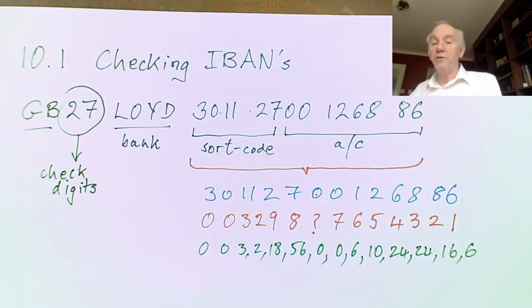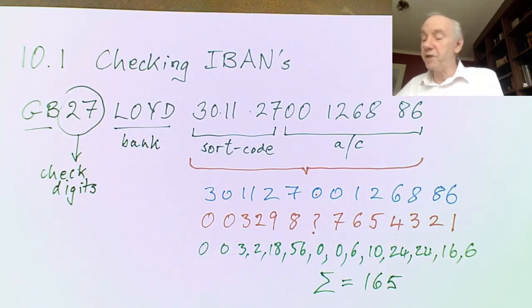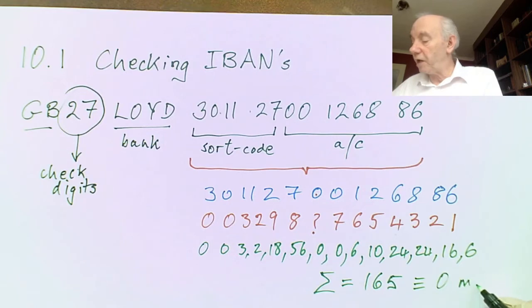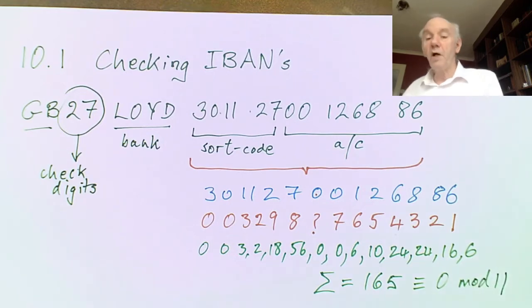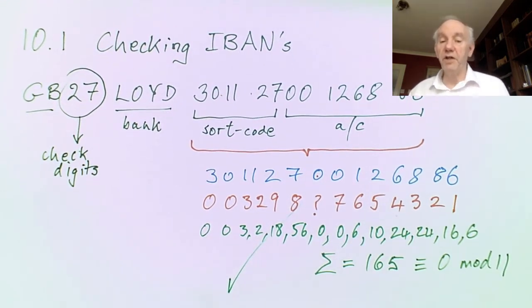And you add all those numbers up, and the sum is equal, I think, to 165. And the point is, this is divisible by 11. So this is equal to 0 mod 11. And that fact means that this part of the IBAN has been validated.